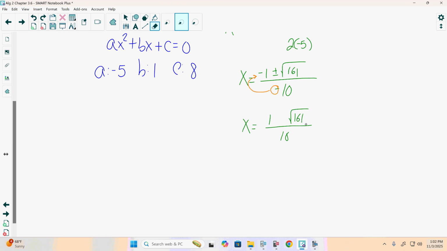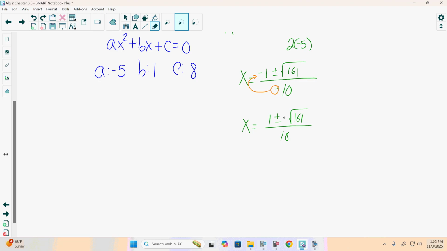Now in the middle we have the plus or minus. So when I apply that negative to the plus, it's going to turn from a plus to a minus, because a negative times a positive is a negative. But we're also going to have to multiply that negative by the negative, and a negative times a negative is a positive.